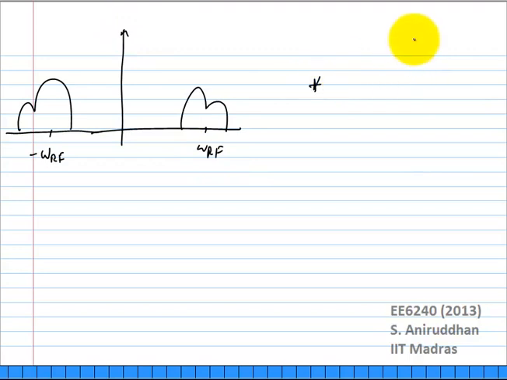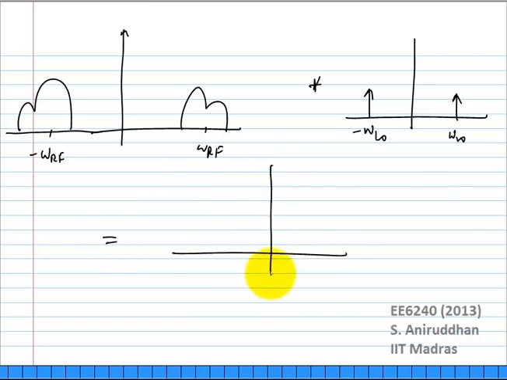And I am convolving it with... okay, what do I get? At the baseband, one signal will come like this. Huh? What happens to the second signal? It will be flipped around. I will get something like this. Right? So what happens? How do you separate out these two?